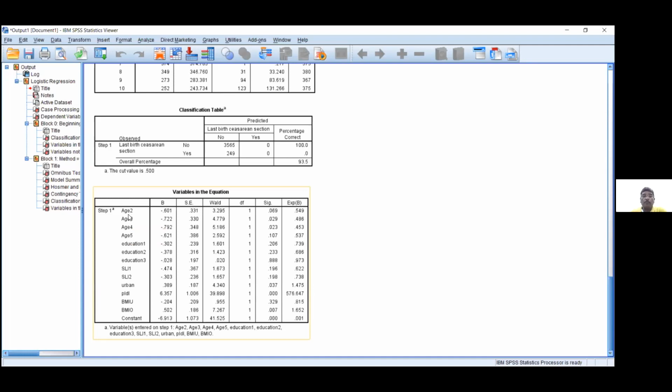So when we compare age 2 with age 1, what is the beta coefficient? 0.601, and this is negative, meaning the correlation is negative: the chance is more in age 1 and less in age 2. So this beta doesn't provide a good idea. However, Exp(B), e to the power beta, provides a better idea.